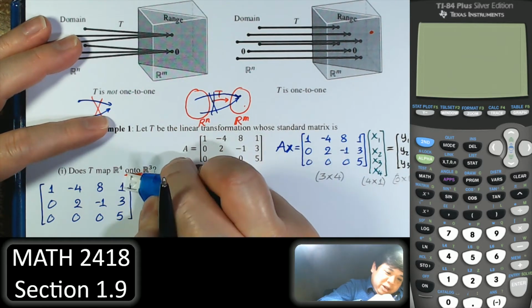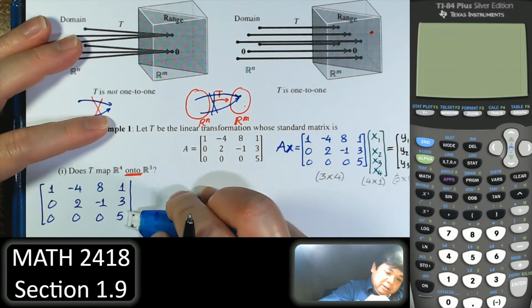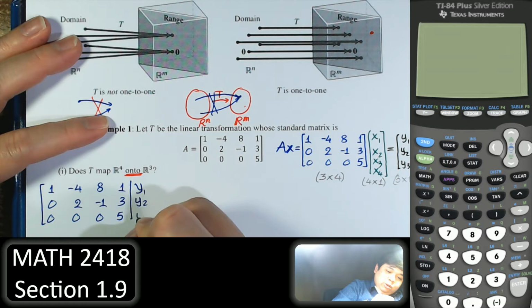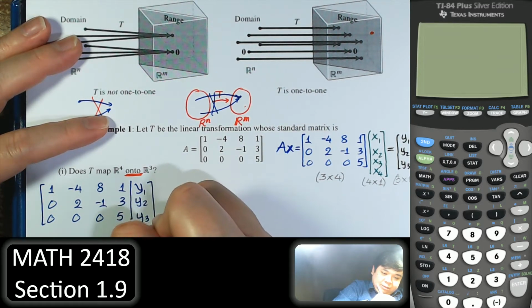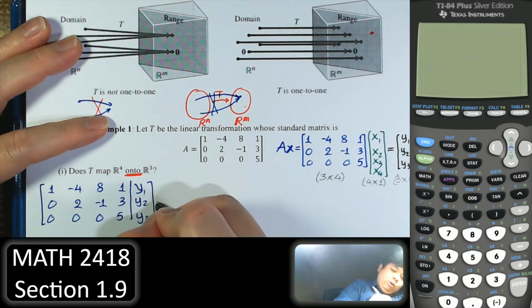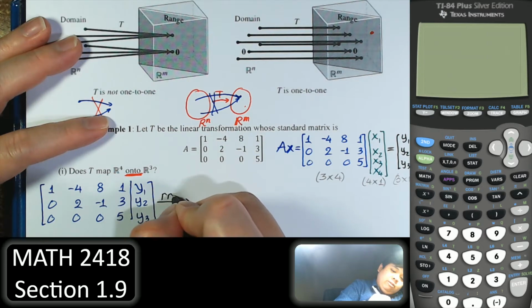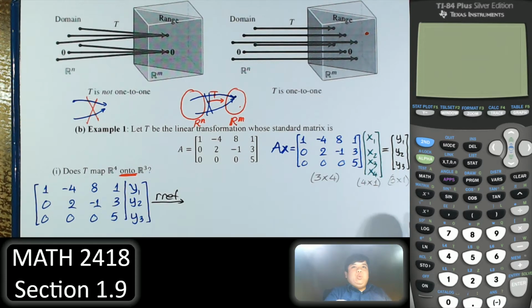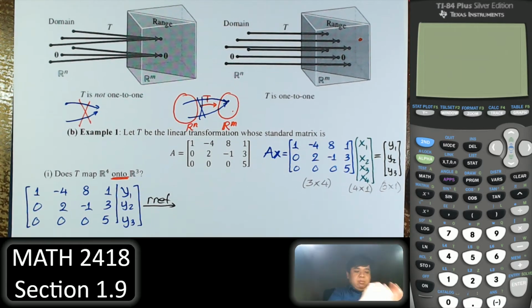It is an augmented matrix. We have y1, y2, y3. Right. Let's do reduced echelon form. Don't worry much about the y1, y2, y3. Just do the operation on the left hand side.